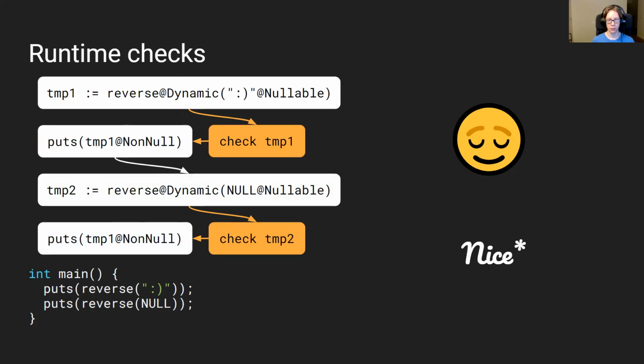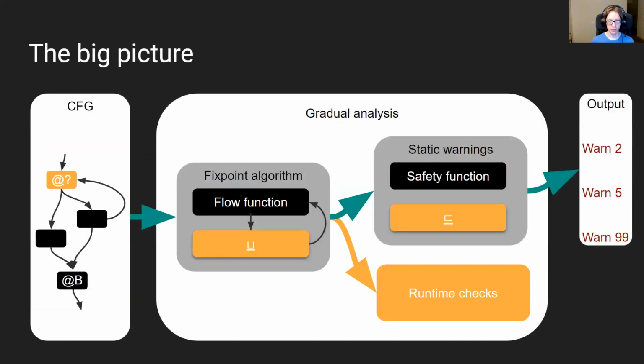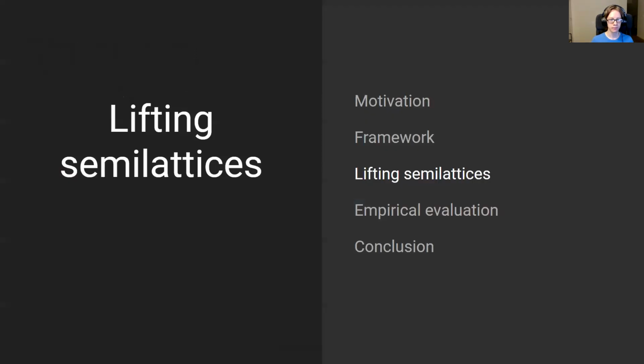Don't just call puts and then let it seg fault or do whatever it would do that is not safe. So again, that's the big picture. We extend our set of abstract values by taking subsets of them essentially, and then optimistically using those subsets to represent multiple different possible abstract values. And then we insert runtime checks in the cases where we're being optimistic in order to retain soundness.